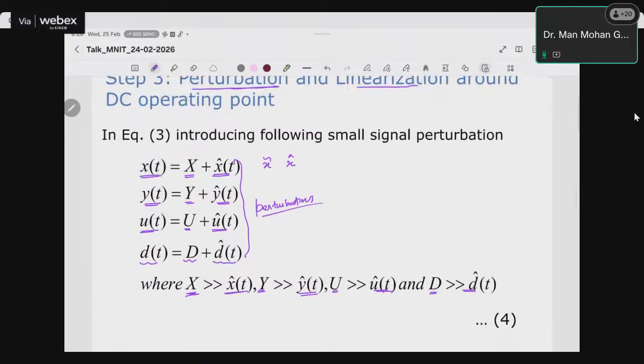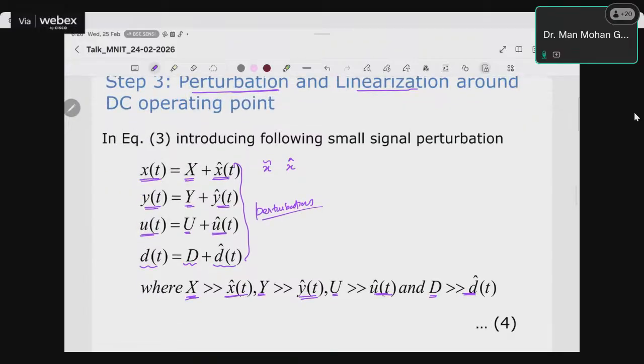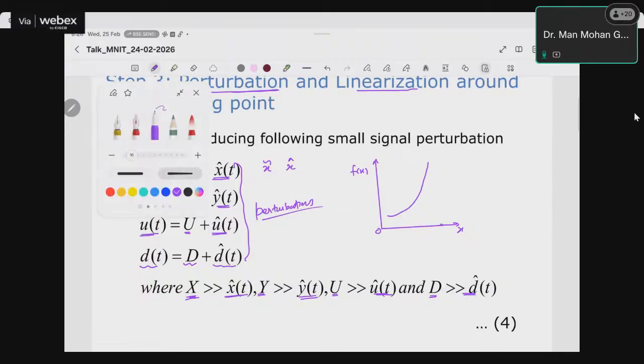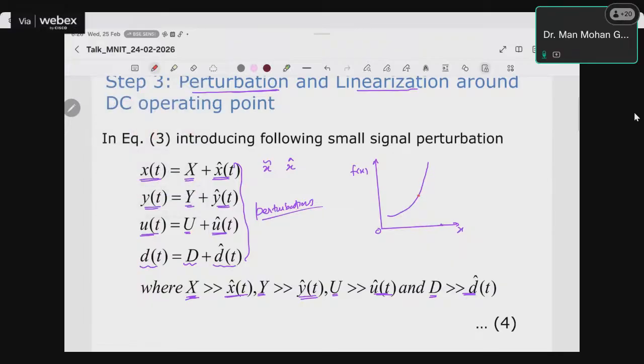Now one more thing: why are we introducing perturbation? Because we want to linearize the system around the DC operating point or nominal operating point. So let us take a system, f of x, with some variable x. This is how the system is working, but when x is varying, the system is varying.